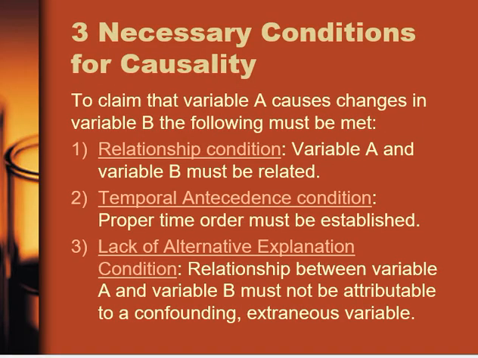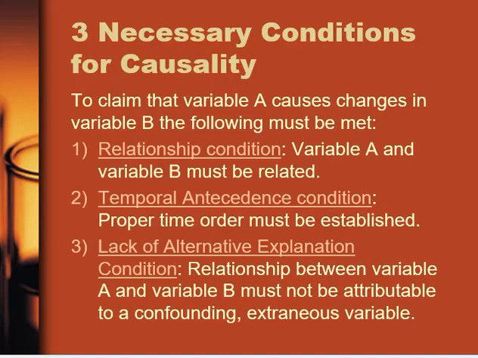So there are three necessary conditions for causality. We went over this a little bit already. If we're looking at variable A and variable B, saying that variable A is causing variable B, first of all, there has to be a relationship. These two variables have to be related. There also has to be a temporal antecedence condition, meaning that one thing has to happen before the other.